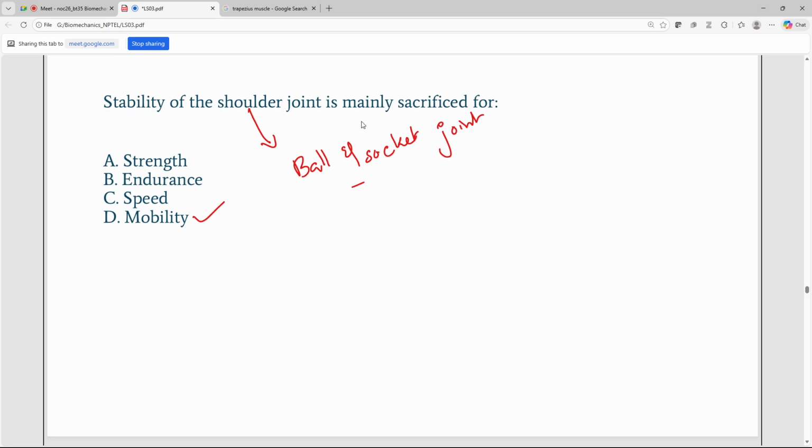This extended range of motion demands a ball and socket joint, and this particular joint does not have that much stability. It is one part of the body that gets frequently dislocated. So the stability of the shoulder joint is traded for the mobility of the shoulder joint.